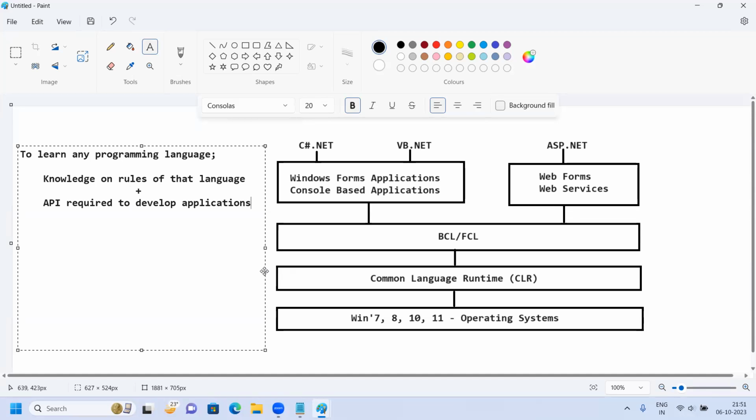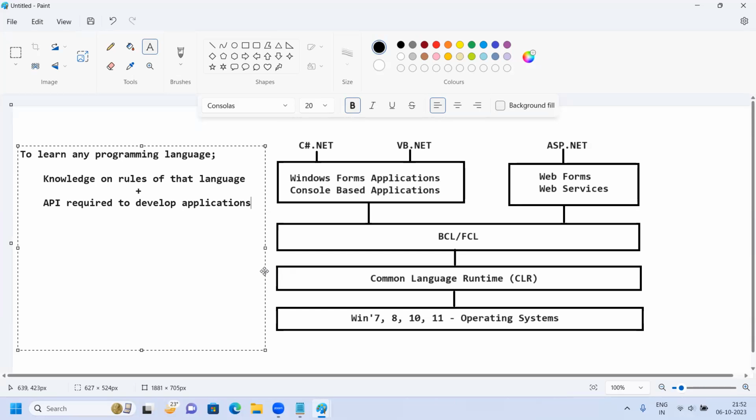Obviously, language to language rules will differ. C language rules are different. C++ rules are different. C sharp.NET rules are different. Java rules are different. As a programmer, the first point you should focus on is to have knowledge of the rules of that language. That means before writing a program, you should know what rules you have to follow in that language. And the second thing, what is your focus? API required.